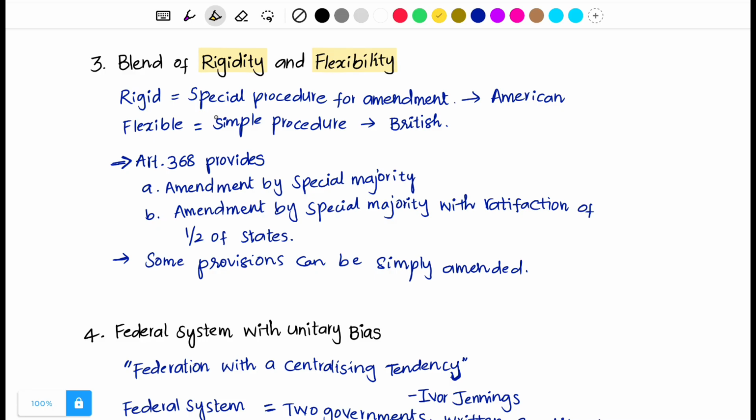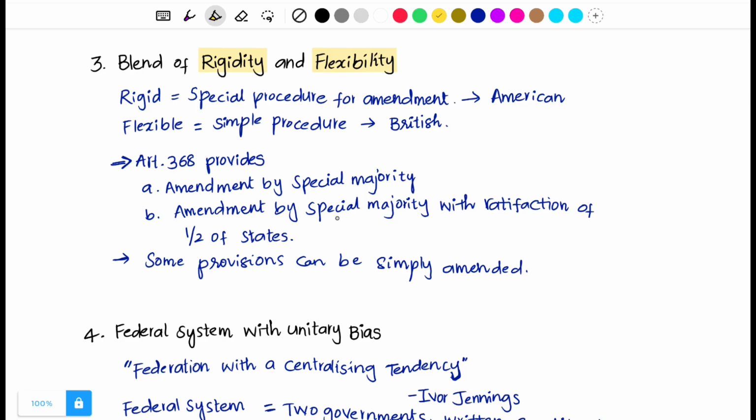Something flexible is that which can be simply amended by a simple procedure. Rigid means we need special procedures for amendment. The American Constitution is a rigid constitution. The British Constitution is a simple and flexible constitution because it can be easily amended when we have a need and necessity to amend it.